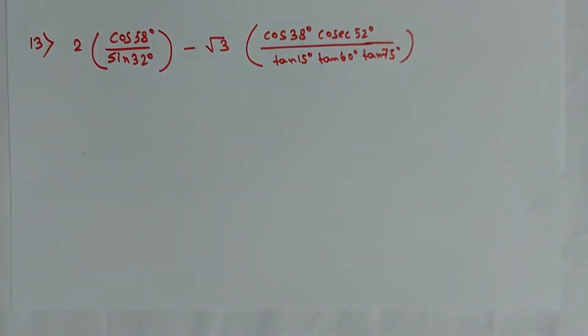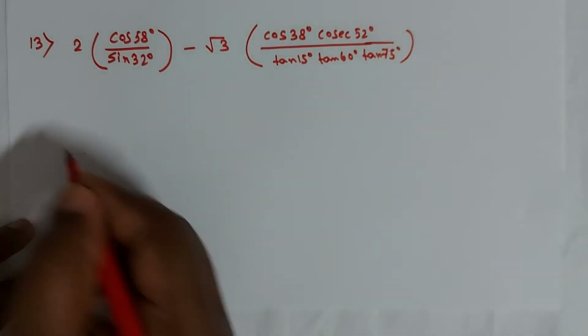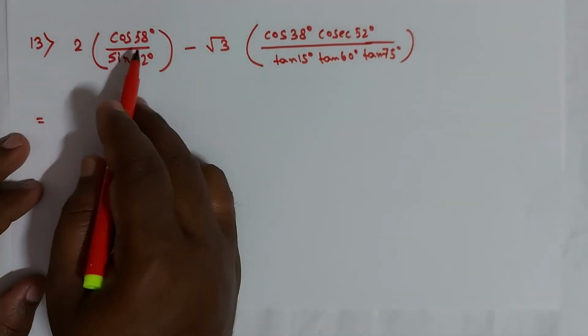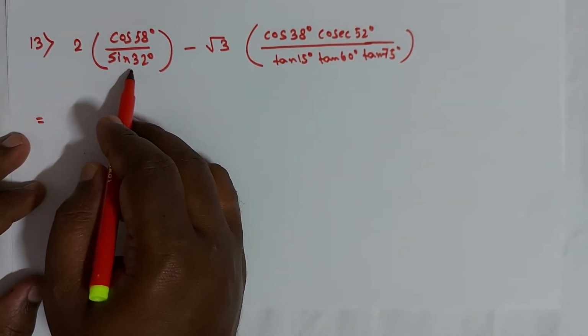Okay, so then 2 into cos 58 degree by sin 32 degree.